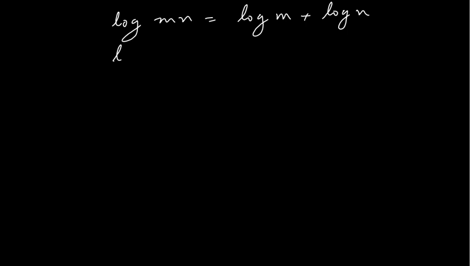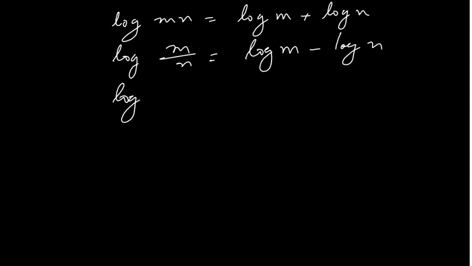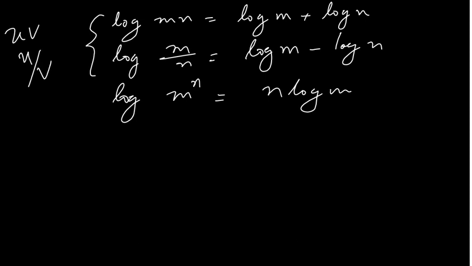These are the ICSE rules. Okay. Log m divided by n, this is what you learnt at the time, log m minus log n. And the third one is log m to the power of n equal to n log m. So we will be using initially these two to simplify our uv or u divided by v, to simplify these things.